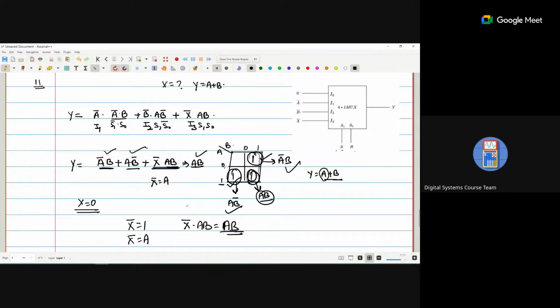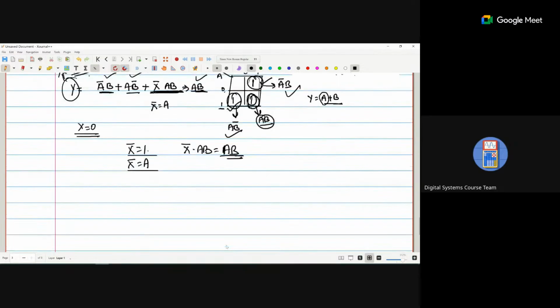And if this term is AB, my Y simplifies to A plus B. So this term is equal to AB when X bar is 1 or X bar is A. This is also possible. If X bar is A, that means X is A bar. If X bar is B, so X is B bar.